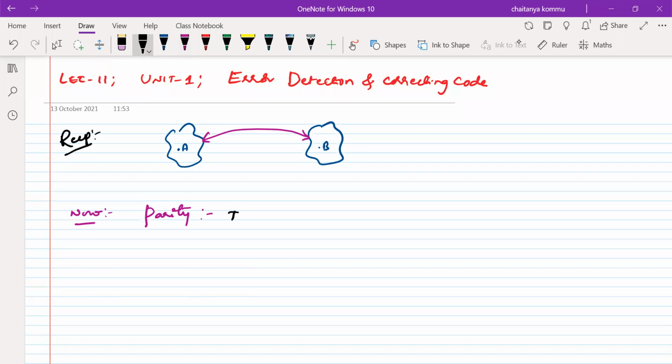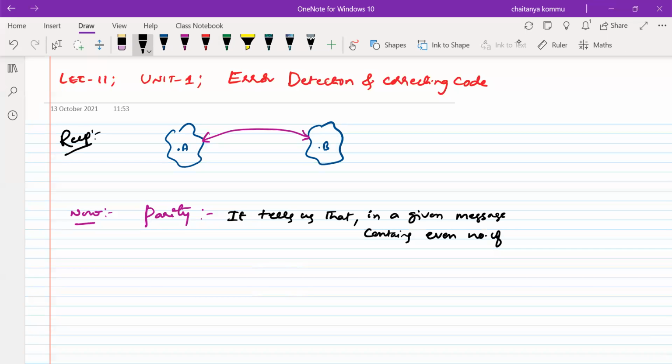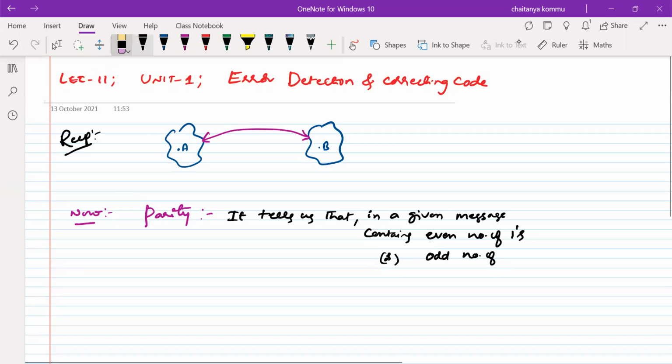So it tells us whether a given message contains an even number of ones or an odd number of ones. So this is very important for us.